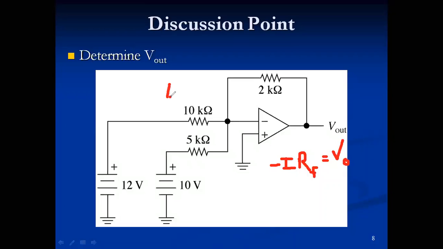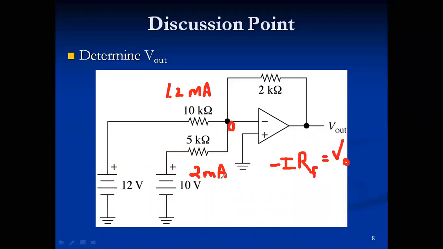This first one would be 1.2 milliamps. How did I get that so quickly? And this is going to be 2 milliamps. I'm just doing 10 divided by 5 because this is 0 here. So it's 10 minus 0 over 5 kilo ohms.